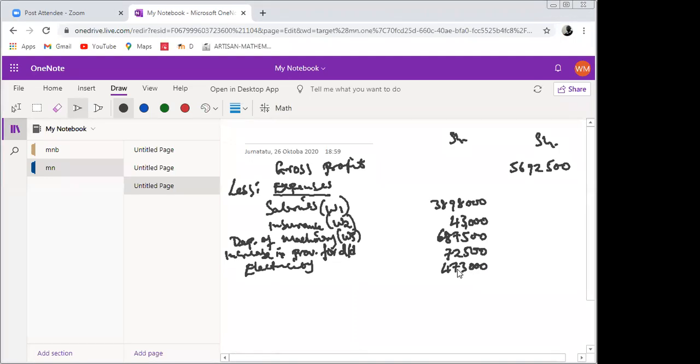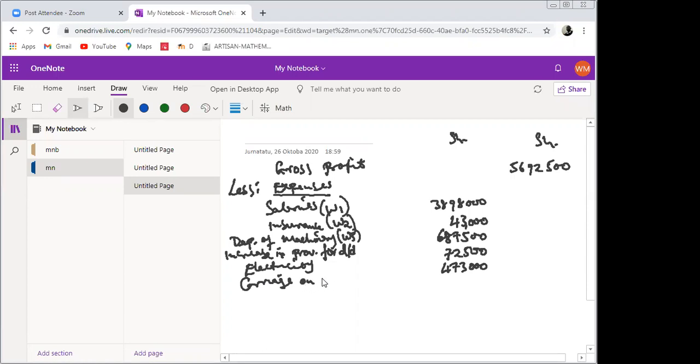Then we have got carriage on purchases, which is the carriage inwards that we handled. Then we have got carriage on sales. Remember I said carriage on sales is the cost of transporting goods for the customers who have bought them. So it is an expense.